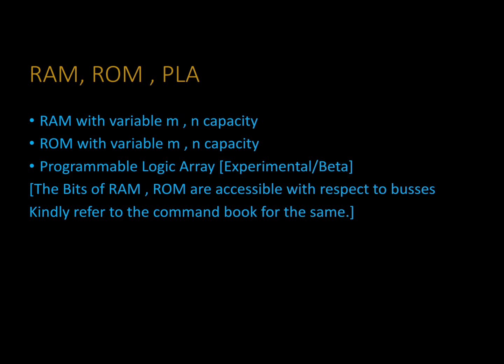For example, read, row index, bus name will return the output set as bus, and read bit, row index, bit index, bus name will return the bit in form of a bus.